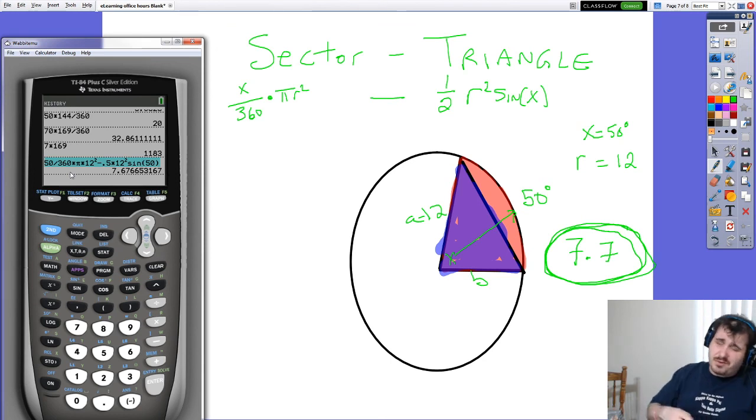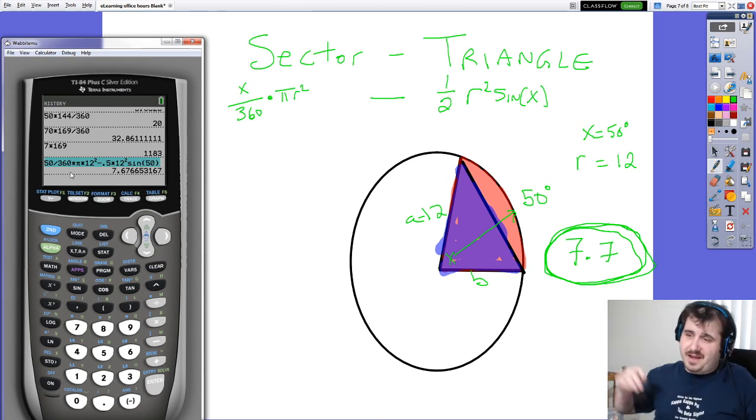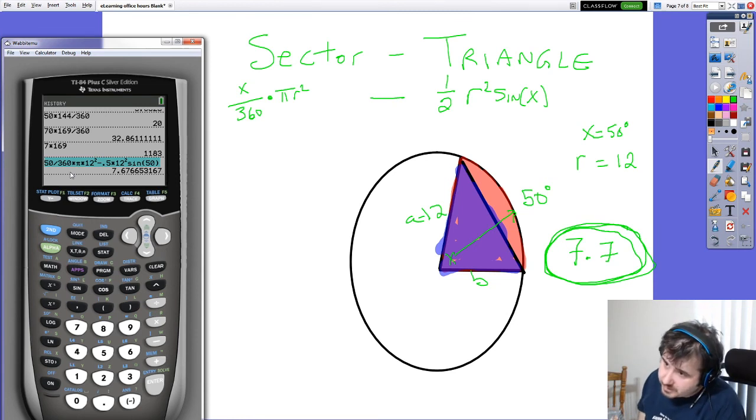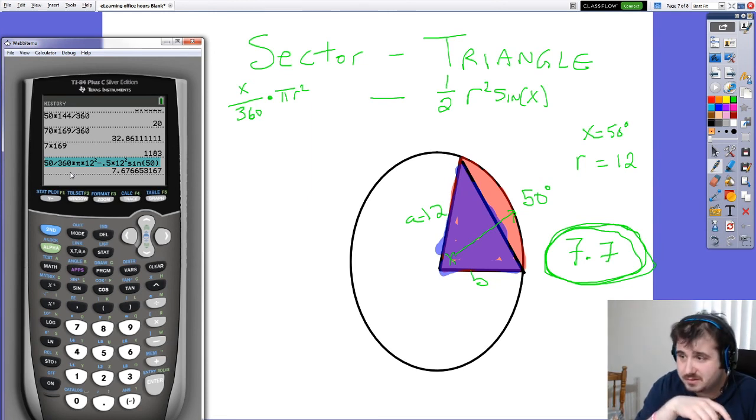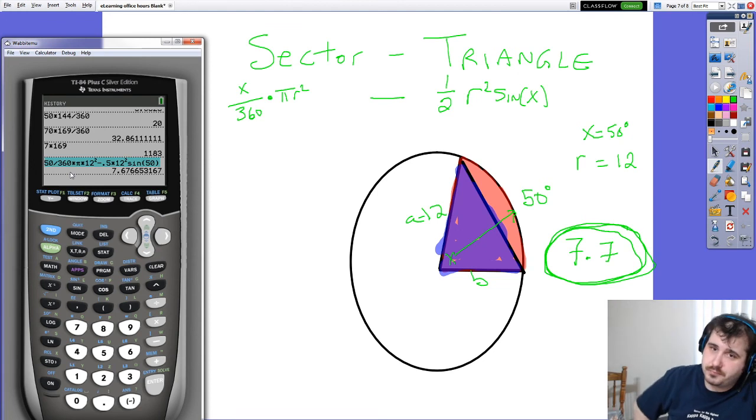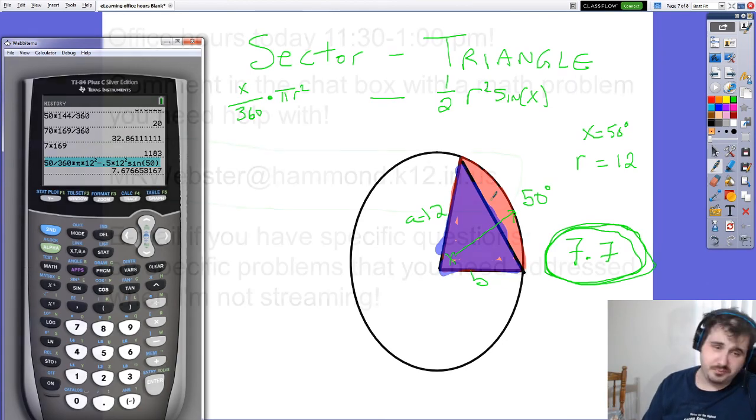And likewise for the rest of these, if you can identify, hey, this is my angle, hey, this is my radius, you can go through and do this completely the same way every single time. Since all of them are asking about the segment of a circle. This little smidgen out in the corner here. The crust of the pizza slice, if you will.